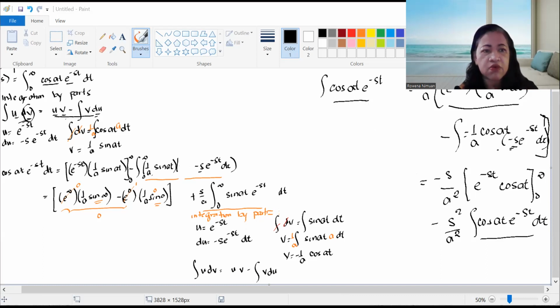So let me copy first. The problem here is we no longer have a shared screen. So going back here, I have now cosine of at e to the negative st. This lacks the dt.